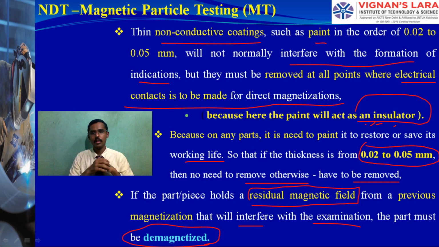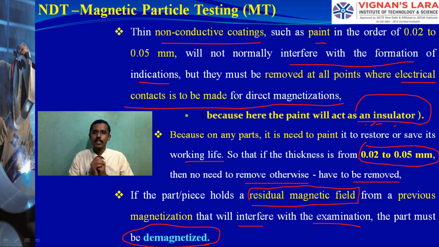So that is a residue. When the next inspector comes for the second job, maybe the in-service inspection, one may be the fabrication inspection, one may be the in-service inspection. In-service is when it is in working condition. Fabrication is when we are developing the product.